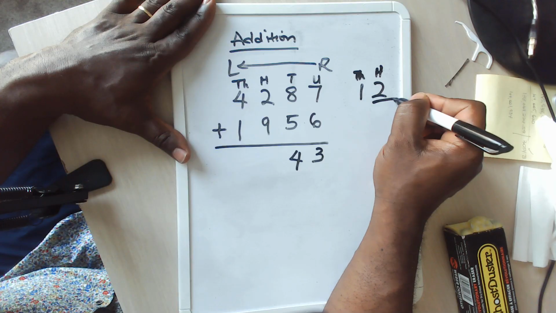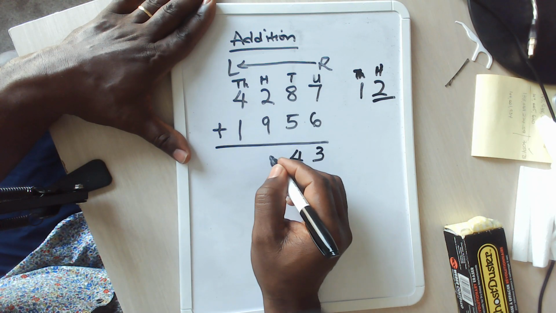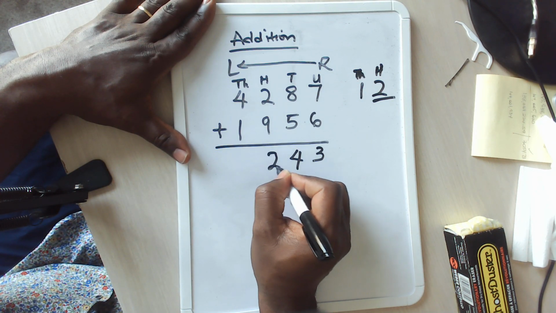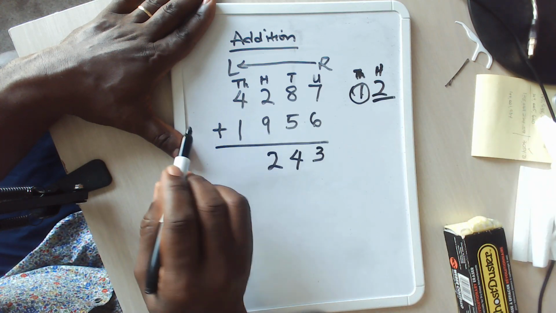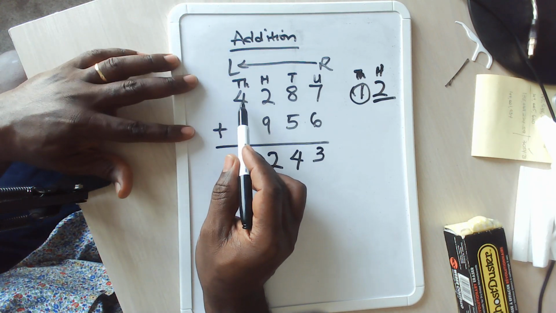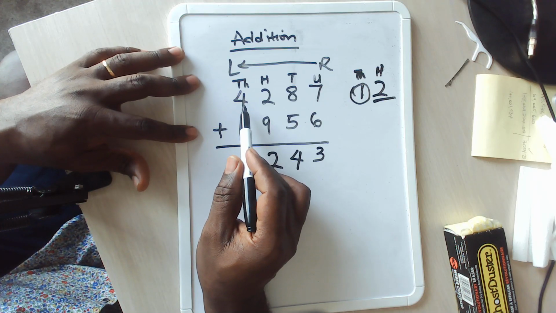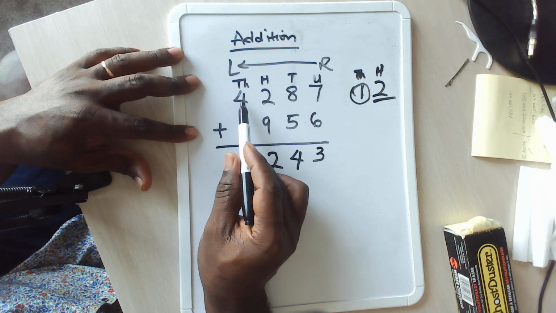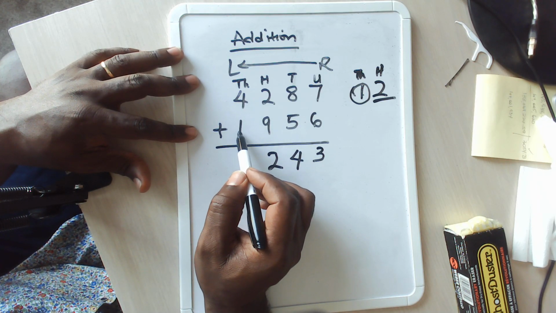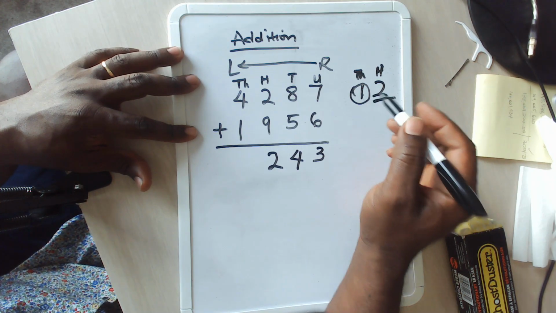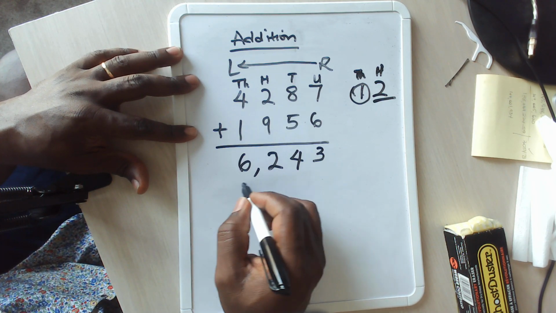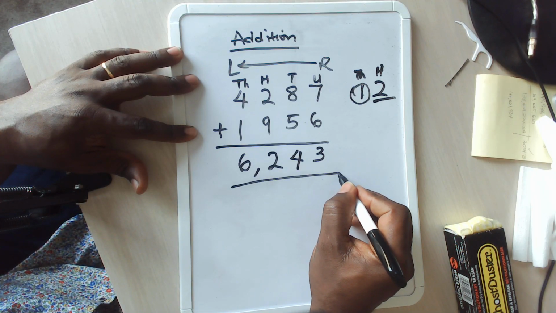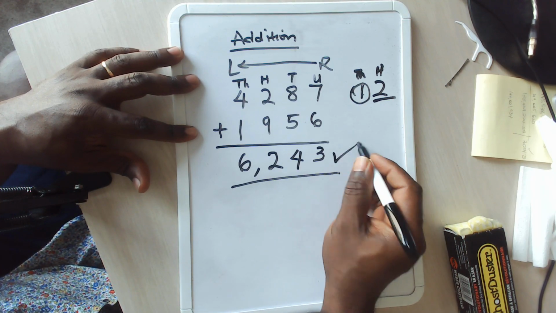So you put this under the column of 100, 2, and you carry over this. So when you come to the unit of thousands, you add 4 plus 1, that will give you 5, plus 1 that is carried over, that will give you 6. So the final answer is 6,243.